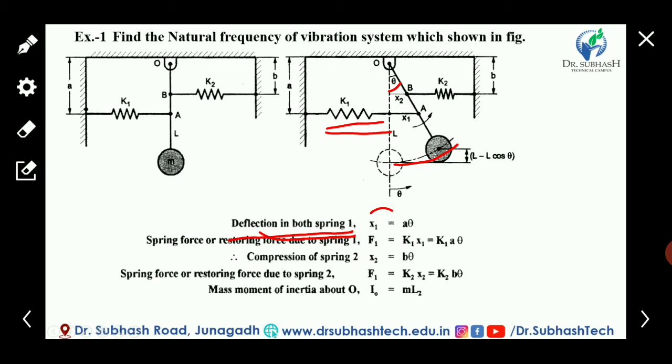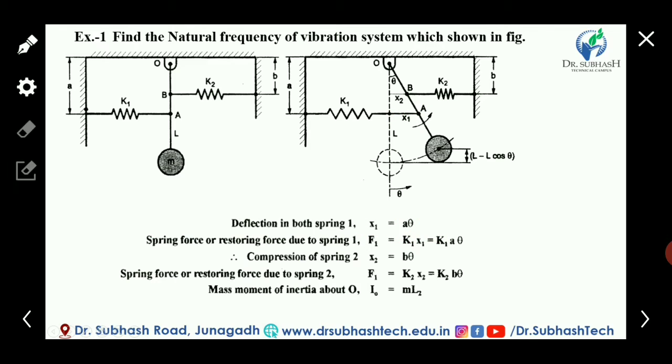First of all, x1 is the deflection or displacement of spring 1. So x1 is in the form of theta. How much is it? The chord length we checked: it's the vertical distance a into the angle theta. Okay, so it's a theta.